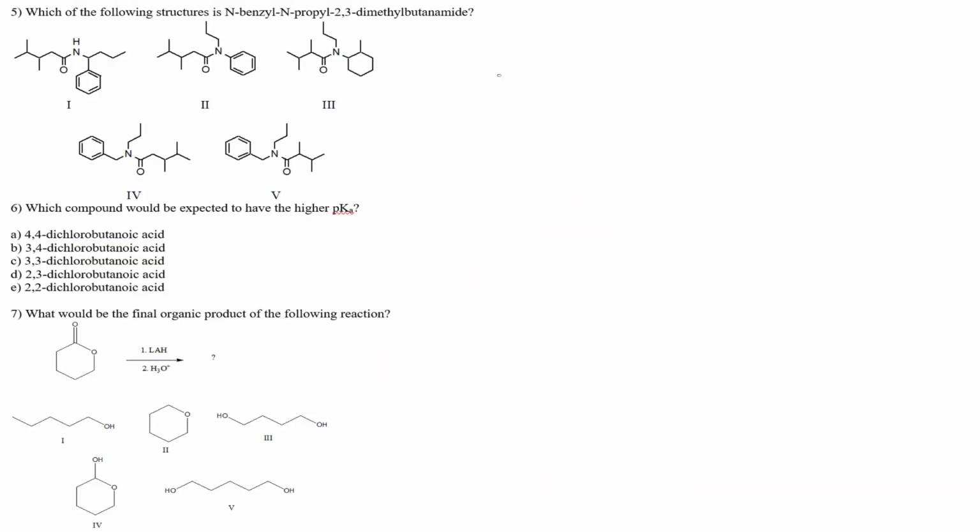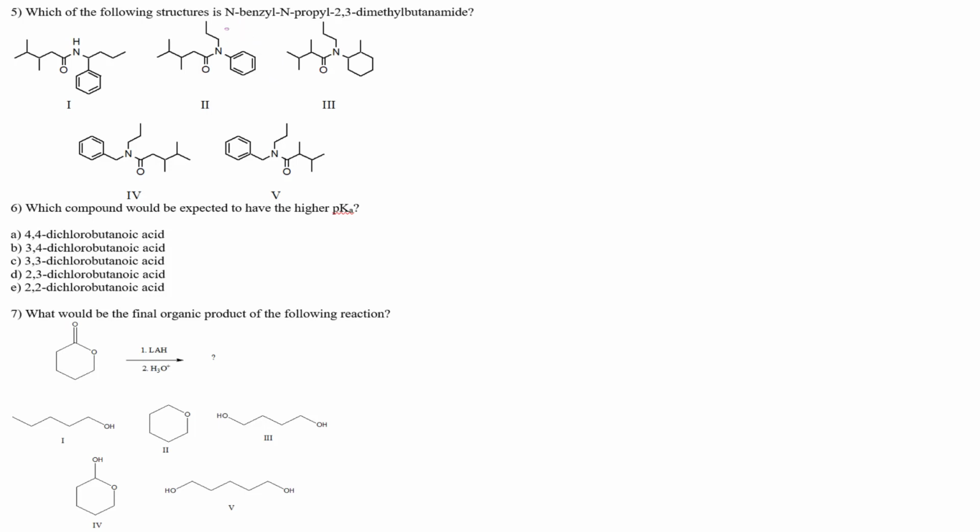So here's a really, really fun example for naming compounds that has things attached to the nitrogen. Okay, so we have to look for N-benzyl N-propyl 2,3-dimethyl butanamide. So how do I find that? Notice that there's two N's in here. Does that mean that we have two N's in the compound?